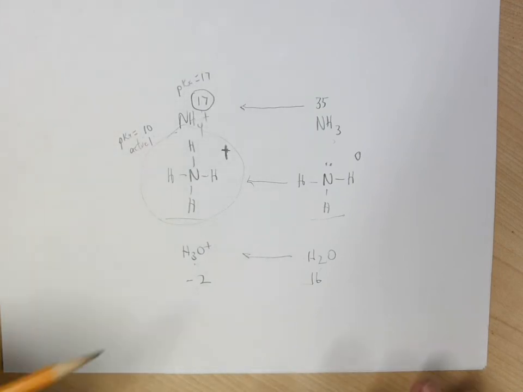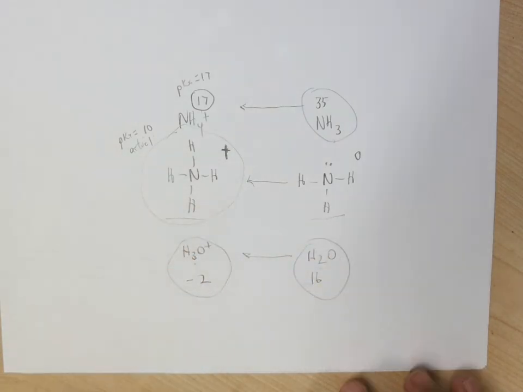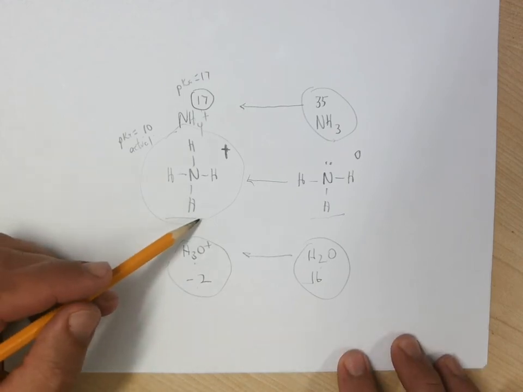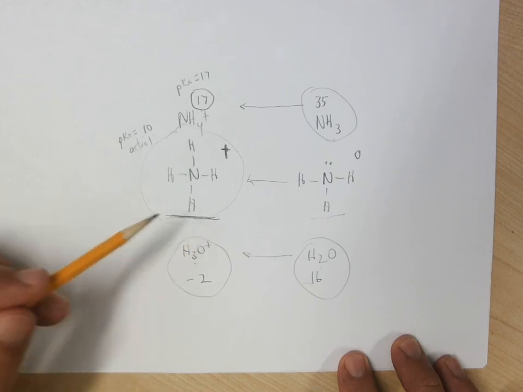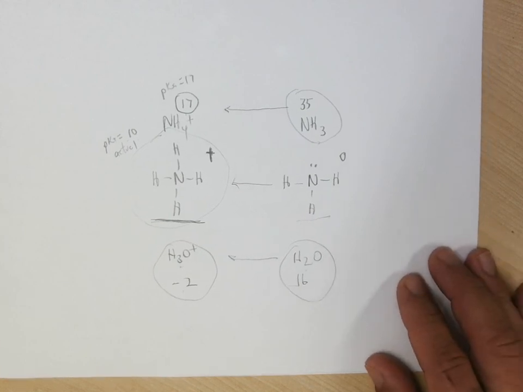So if I know a bunch of pKa's and how the structure of the molecular ion is important in determining and understanding the pKa, then I can start to understand compounds I've never thought of before, or ions I've never thought of before, by comparison to things I know, given the basic principles, the factors that affect acidity.